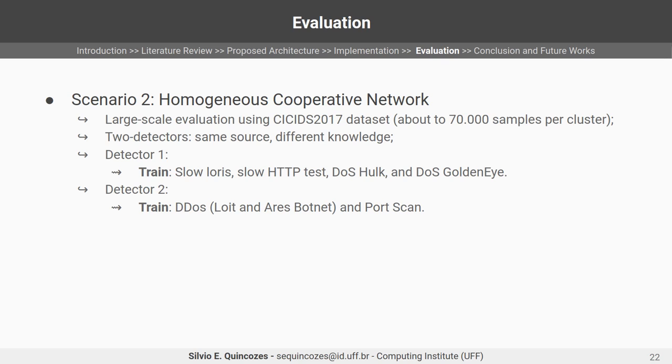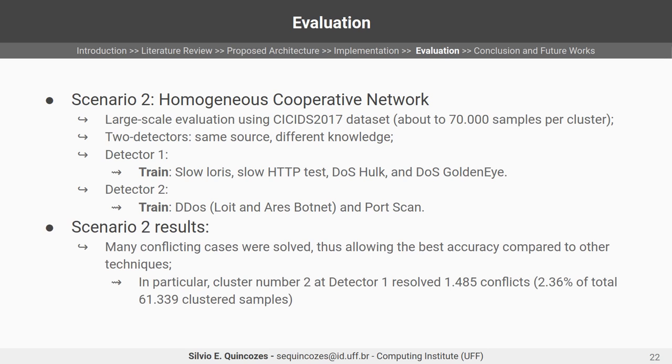We have 2 different detector nodes, each with the same dataset, however, each with a different kind of knowledge. We used one set of attacks to train the first one, and another different set of attacks to train detector number 2. As a result, many conflict cases were solved, thus allowing the best accuracy compared to other techniques like best local, weighted average and majority voting.